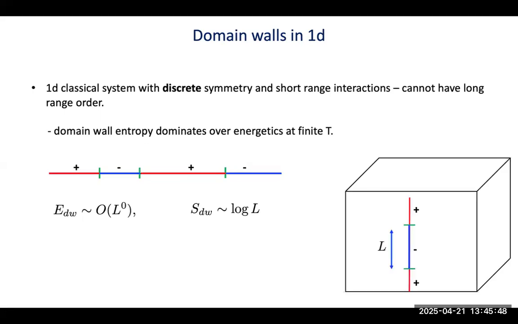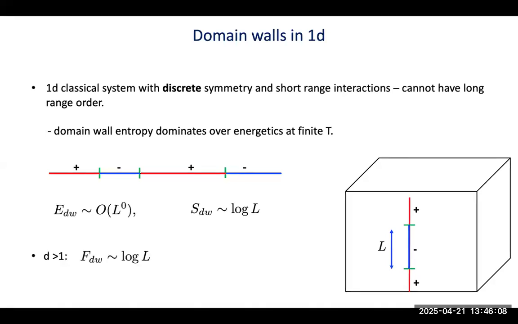Now, in contrast, let's think about a line defect embedded into a conformal field theory, and let's fix the spins on this line defect, kind of like a fixed spin boundary condition. And let me ask, what is the free energy cost of creating two domain walls separated by distance L?